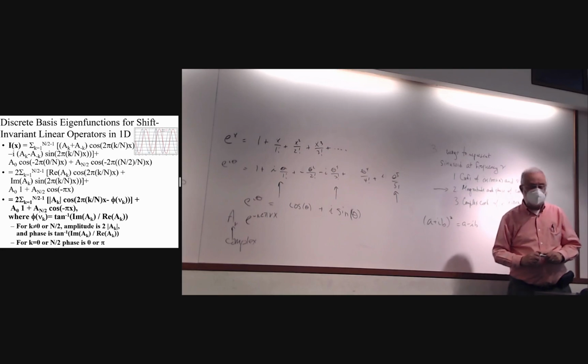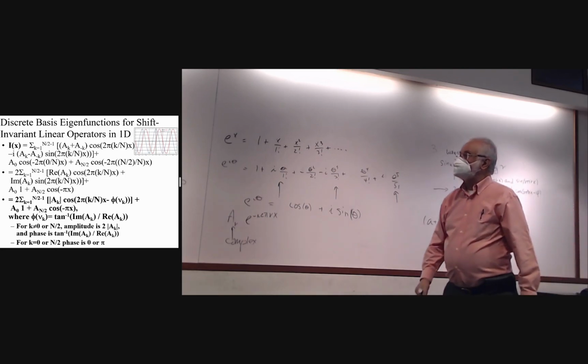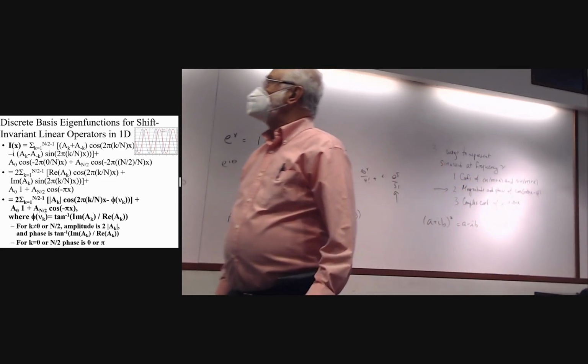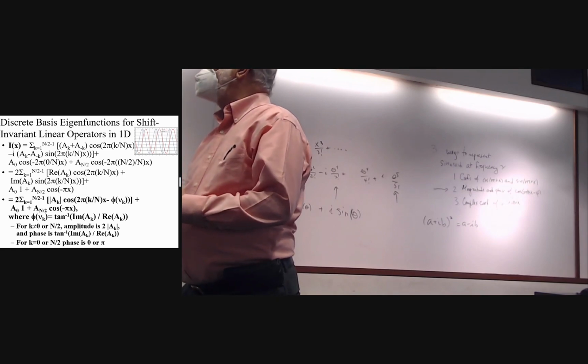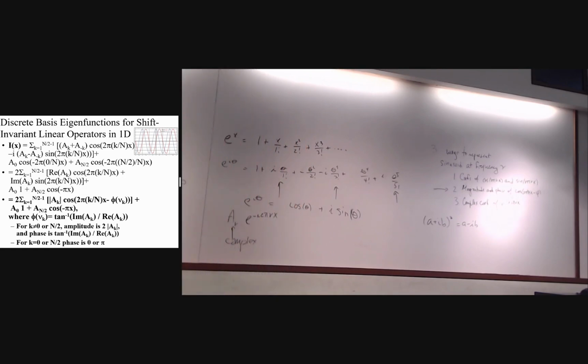This is just a repeat of what I said last time, except that it's put in terms of the basis functions cosine terms, because with this complex conjugate relationship, when you combine the positive and negative frequencies, you can say I get pure cosine terms.